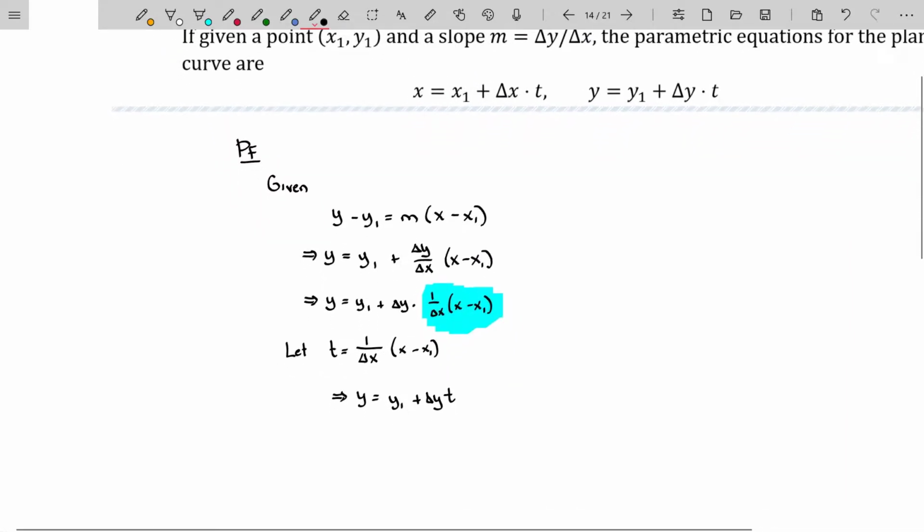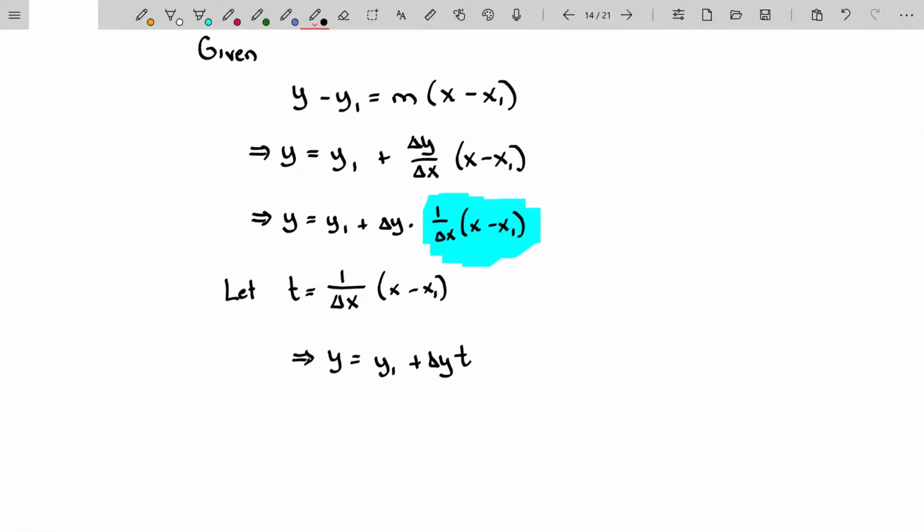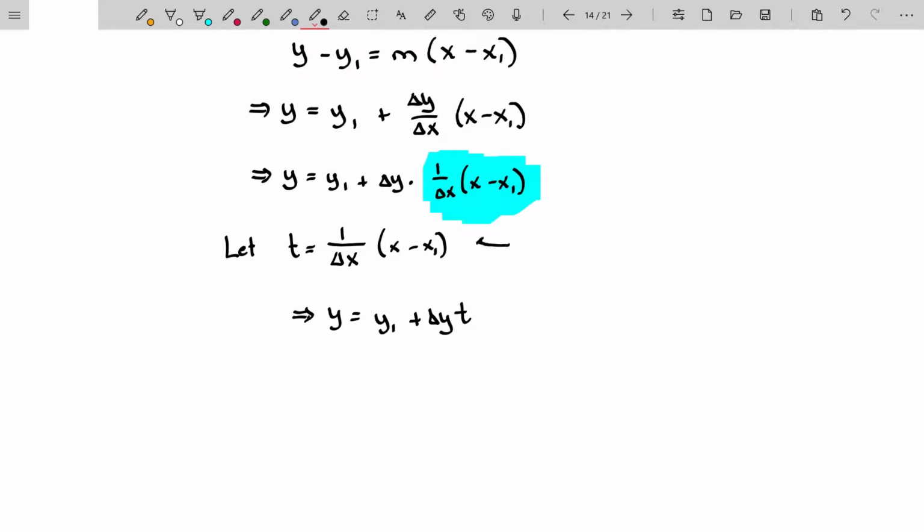But what does that mean about x? I would love it if x were x sub 1 plus delta x times t. Well, if we make this substitution, then it is also the case that if you multiply both sides by delta x, you get delta x times t is equal to x minus x sub 1. Adding x sub 1 to both sides, you get the desired result.